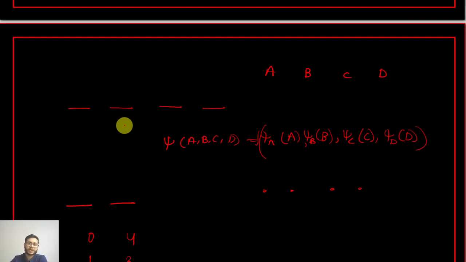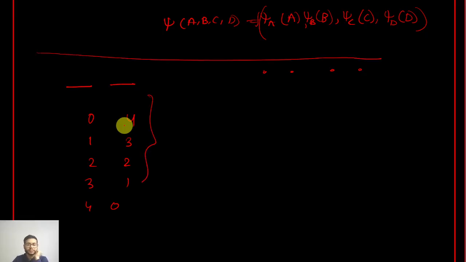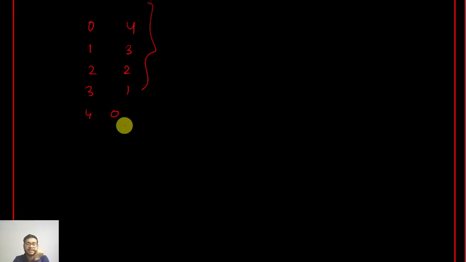But if we had two states and four distinguishable particles, there would be a lot of possibilities. Here in second quantization, when we are only dealing with indistinguishable particles, there are only five possibilities. That is basically the difference between first quantization and second quantization.